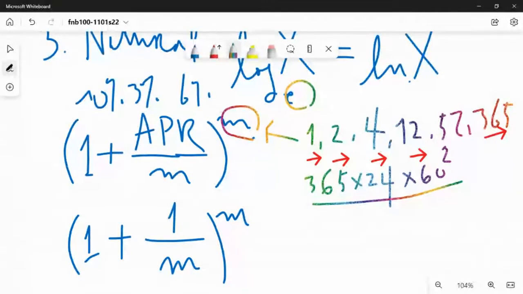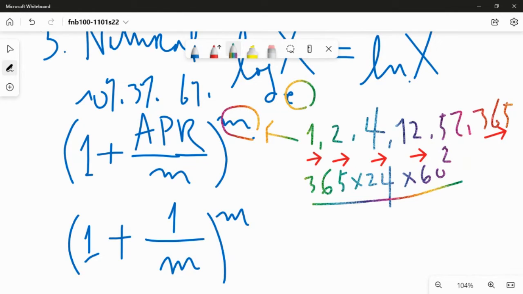Sometimes there's no transaction for 30 minutes, and sometimes trading happens multiple times, even per second. In other words, the frequency of trading can be continuous.